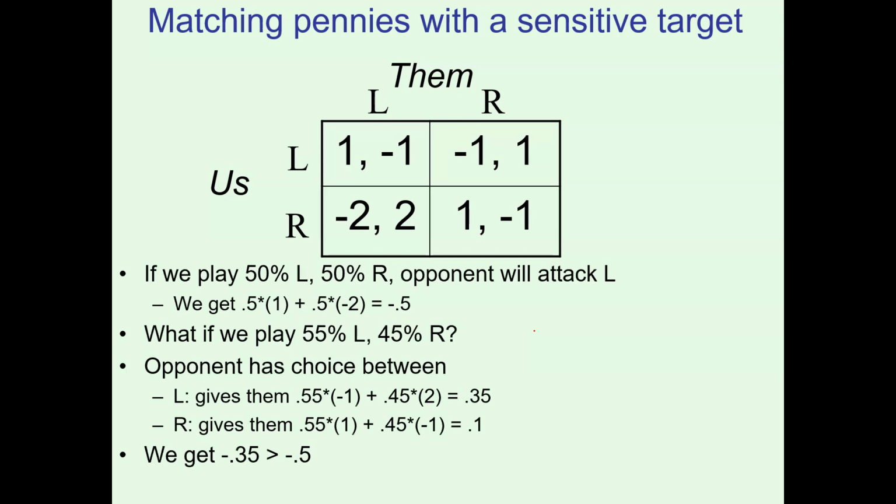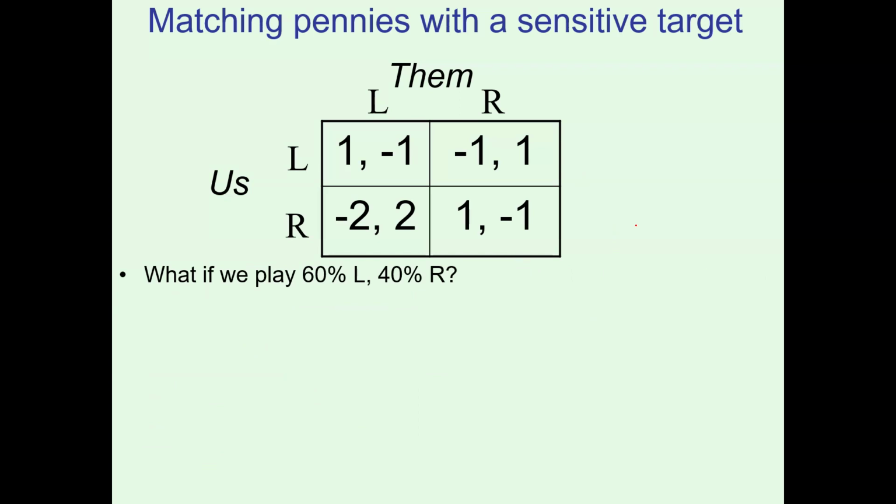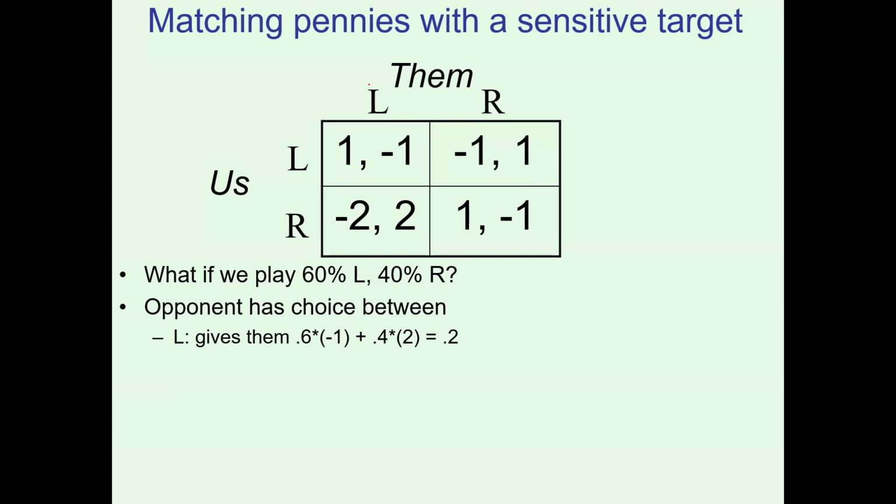Suppose we increase it a bit more. Let's make it 60-40. So, with 60-40, the opponent can choose either L: 0.6 times negative 1 plus 0.4 times 2. So, you get 0.2. Then R gives them 0.6 plus negative 0.4. So again, this is positive. So we get what? Negative 2.